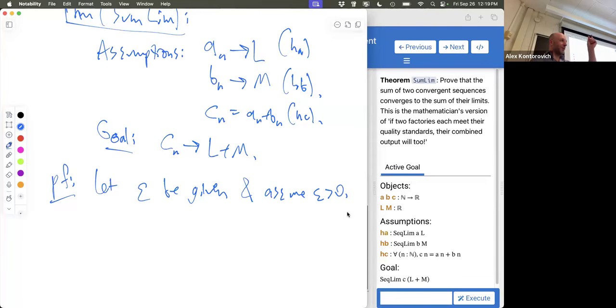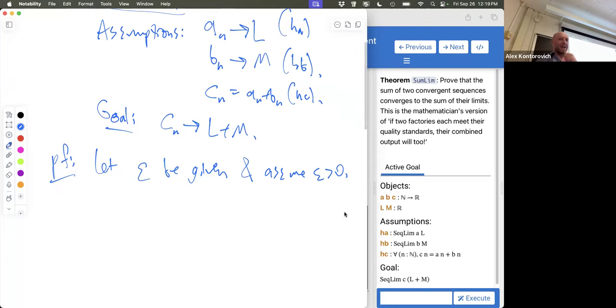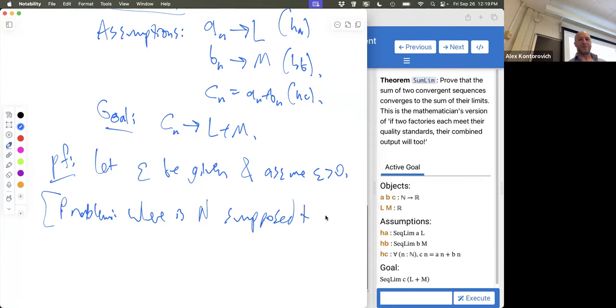Okay, do you see the goal state in your mind? We have to demonstrate that there exists some n. How are we going to get that n? Where are we going to get that n? So, problem, where is n supposed to come from?